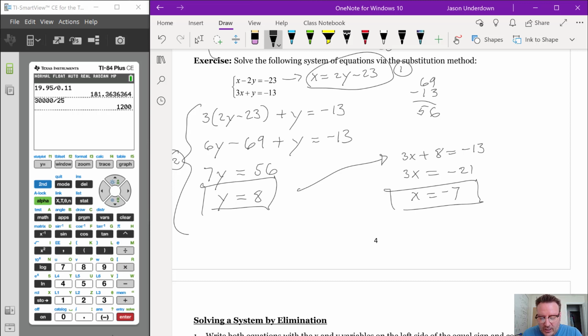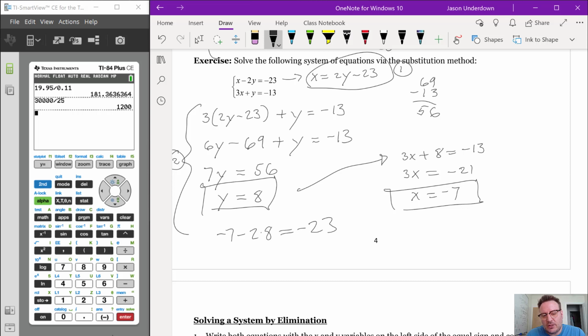Let's check by plugging these two values into the first equation to make sure they satisfy the equation. When I plug those two numbers into the first equation, I get negative 7 minus 2 times 8. Is this equal to negative 23? Let's see, negative 7 minus 16.